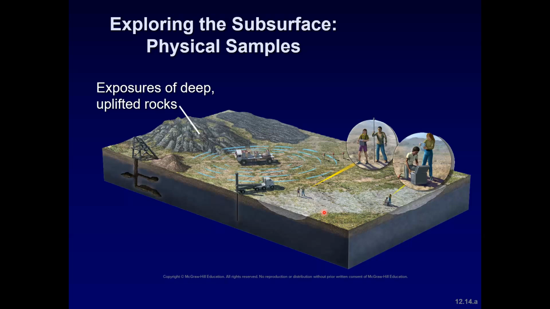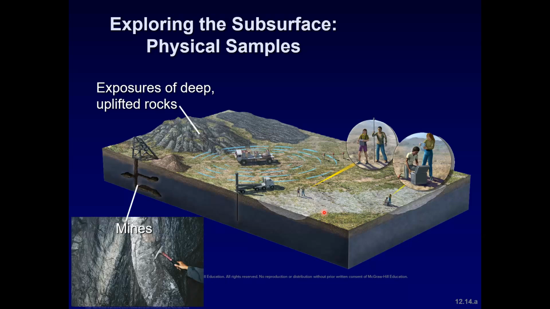So we have exposures of deep uplifted rocks that might have been brought to the surface through an earthquake event. Scientists can look at rocks in mines. Of course, those would provide a detailed subsurface view because tunnels have continuous exposures. Sometimes mines can be several kilometers into the subsurface.